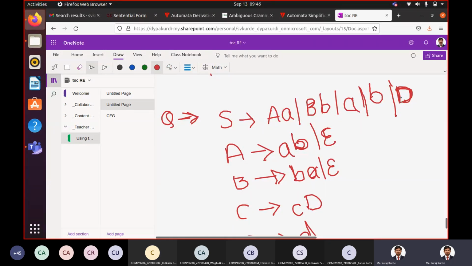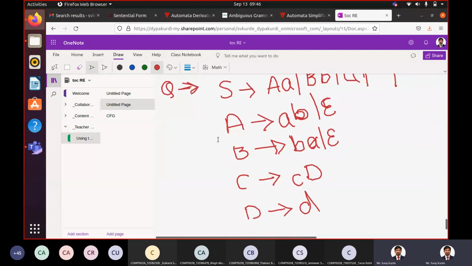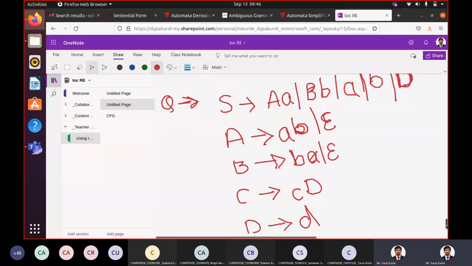Remove unit production, remove epsilon production, and remove useless symbol. There is a question. Simplify it.